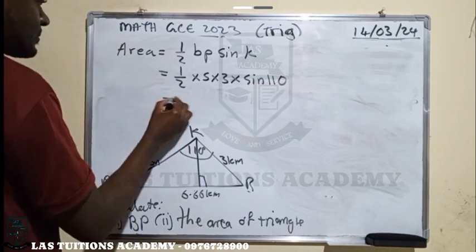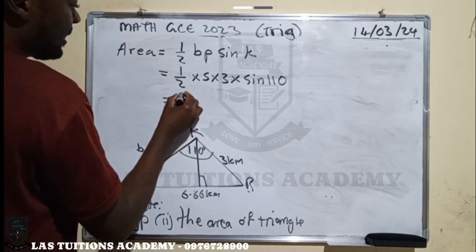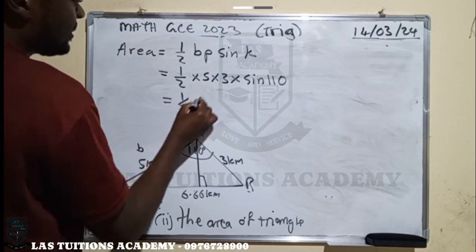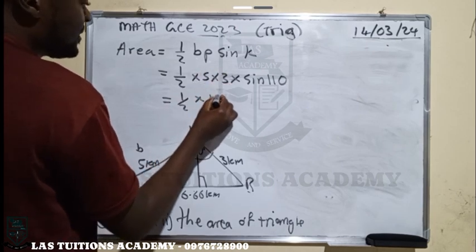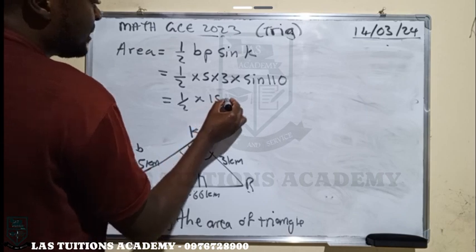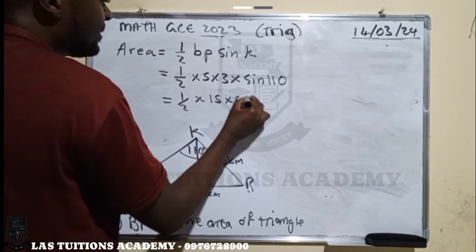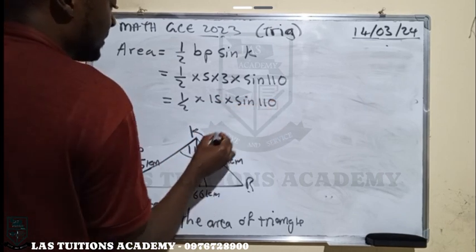Half times 5 times 3 is 15, so 15 times sine 110. Who has found the answer?